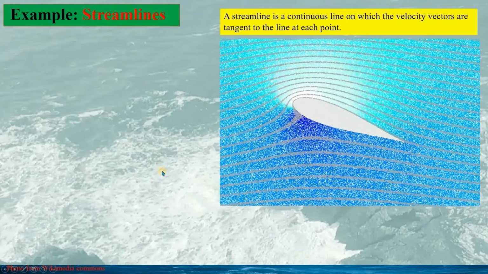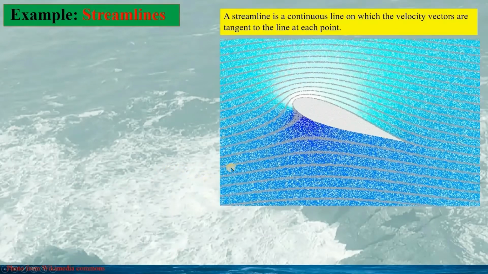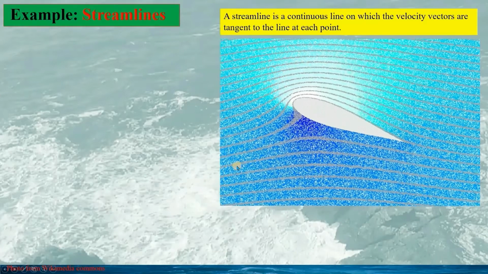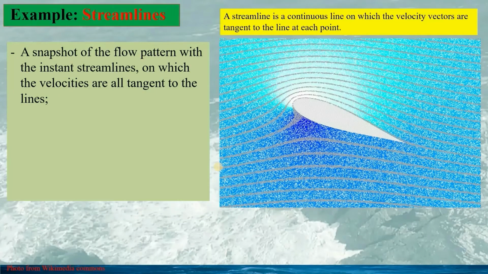A streamline is a continuous line on which the velocity vectors are tangent to the line at every point. If we take a snapshot of the fluid pattern, we can see the instant streamlines, the grid lines on which the velocity are all tangent to the lines.